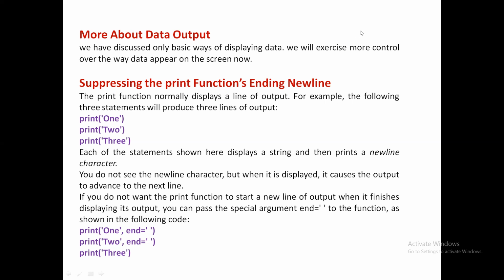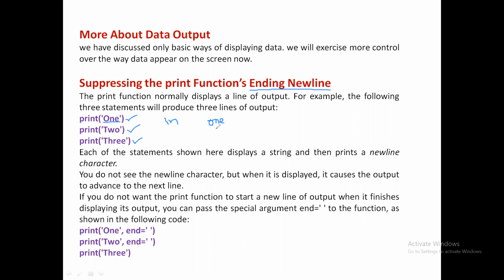Okay, so let us start with the basic operation, that is suppressing the print function's ending new line. Generally, when you write print statements in Python like print of 1, print of 2, print of 3, automatically at the end of printing, a new line character is used by your print function by default, so that the control goes to the next line after printing the first string.